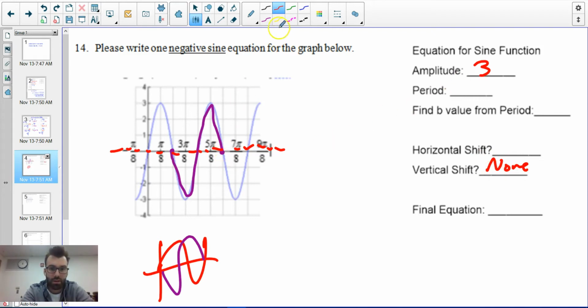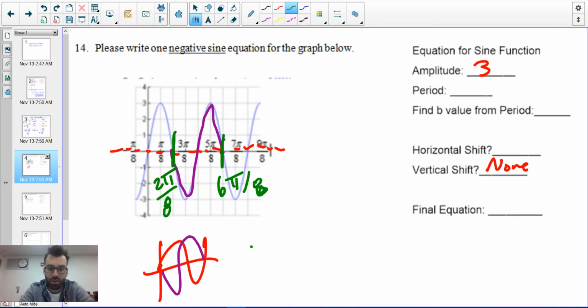To get my period, it's going up by pi over 8, 2 pi over 8, 3 pi over 8, 4 pi over 8, 5 pi over 8, 6 pi over 8. So this ends at 6 pi over 8, and I start at 2 pi over 8.